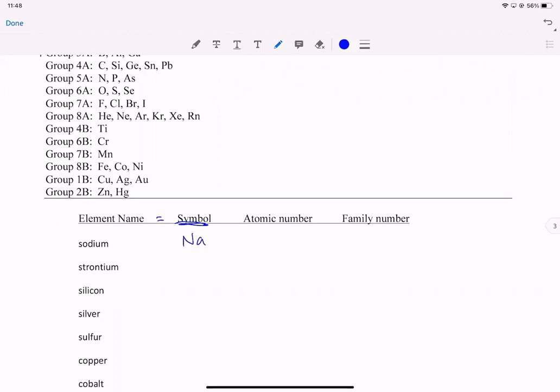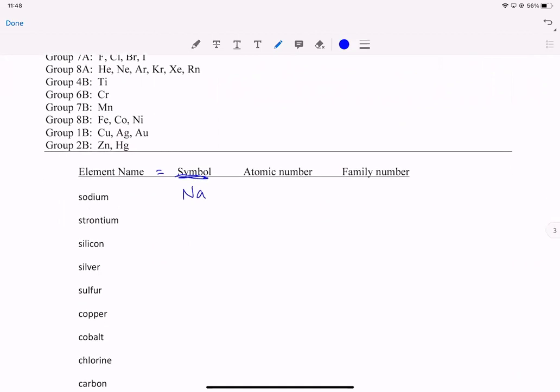The second letter is always lowercase. Okay, so you could look up the remaining atomic number and family number. I'm going to get my periodic table here and find that the atomic number for sodium is 11. And this is in family number 1A. And you can look all of this up on your periodic table.